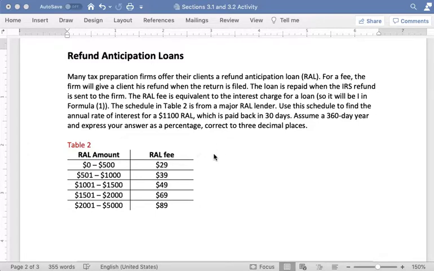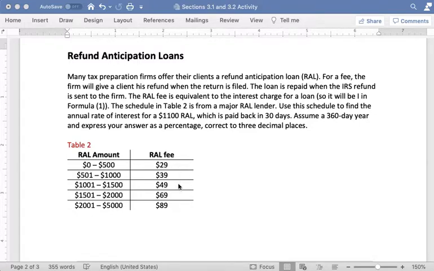And what we're thinking about here is the fee for doing this is equivalent to the interest charged for a loan. So instead of telling you what the interest rate is, you're paying a flat fee. And that's the key here, because this is what makes this sound appealing to people. If they told you what the interest rate was, as we will see, nobody would want to do this.